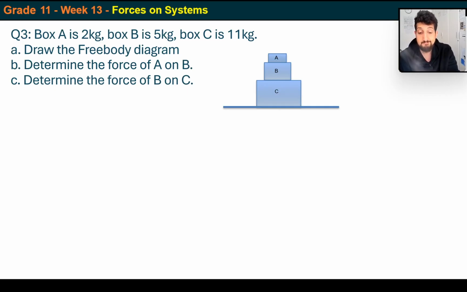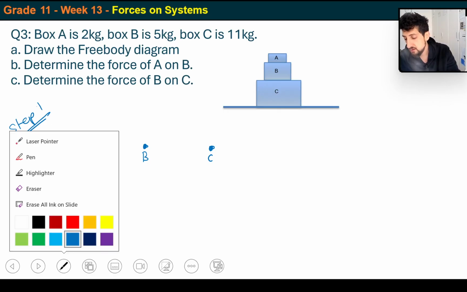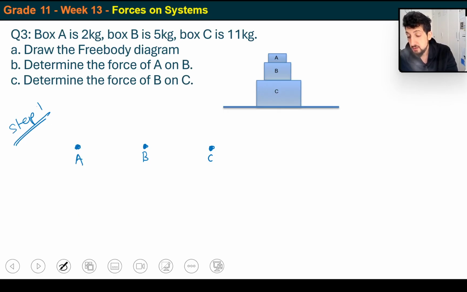The way I would do this, obviously, you should know by now, is first of all, we draw the free body diagrams. So first thing is, here's A, here's B, and here's C. Let me change the color. So what are the forces acting on A?